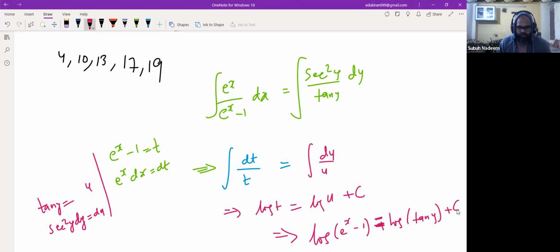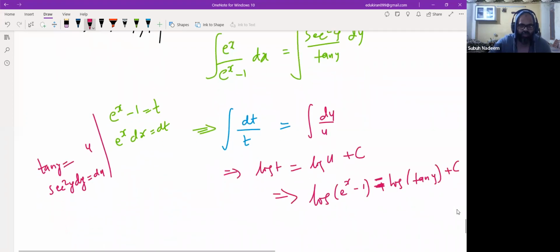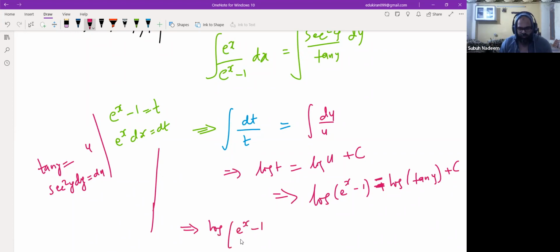Now, one thing keep in mind, they generally reduce it into exponential when there is a log as the final answer. So write it like this: log of (e to the power x minus 1) by tan y, because on subtraction it will go into division by the log property, is equal to c. So (e to the power x minus 1) by tan y is equal to e to the power c.